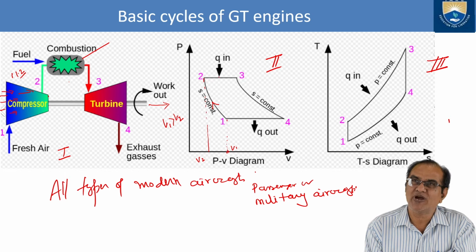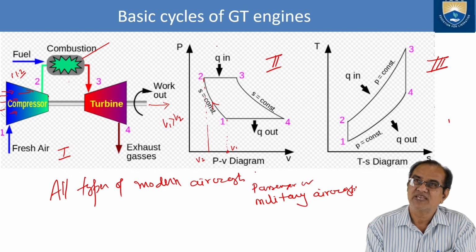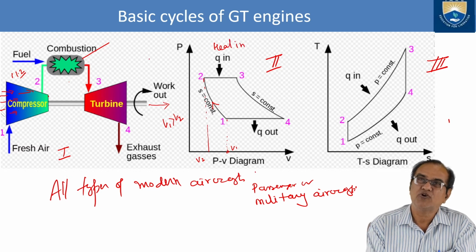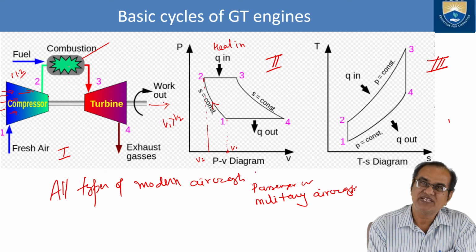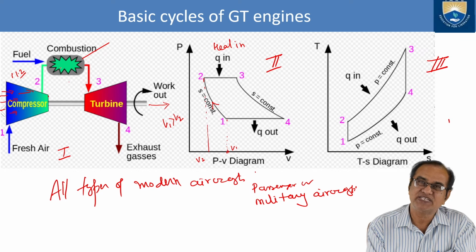As you reach 2 to 3, it is constant pressure ignition. Here Q in, where Q means heat. Heat in. How is heat added? It is the combustion chamber. In this combustion chamber, fuel is injected and ignited.